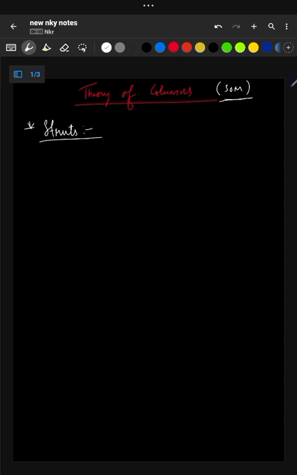So what is a strut? It is a structural member which helps in load distribution, and basically its position is inclined, right? It is used for support.